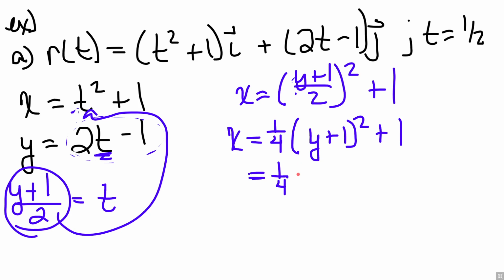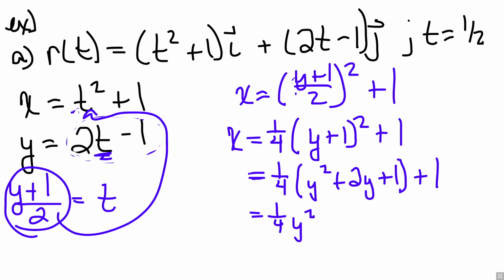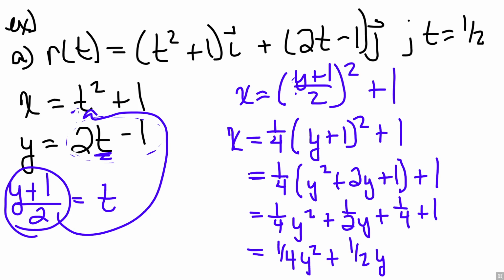It's going to be 1/4 times (y squared plus 2y plus 1) plus 1, or 1/4 y squared plus 1/2 y plus 1/4 plus 1. Our equation is going to be x equals 1/4 y squared plus 1/2 y plus 5/4, and this will be our equation in terms of just x and y. Okay. Any questions?